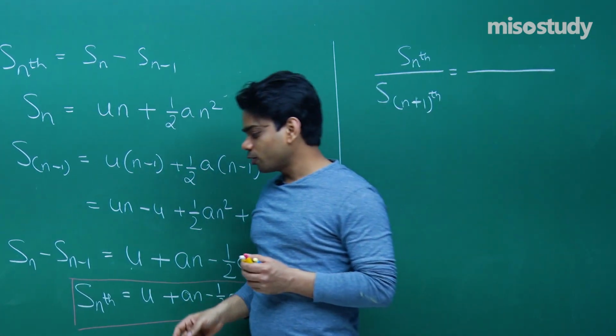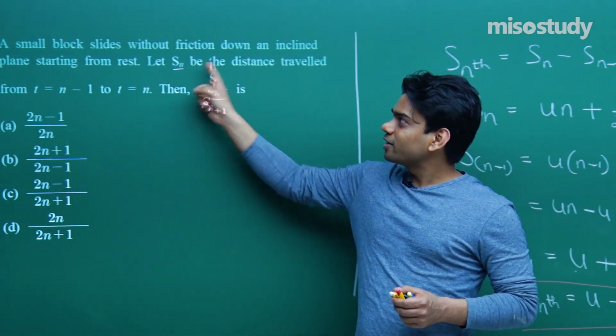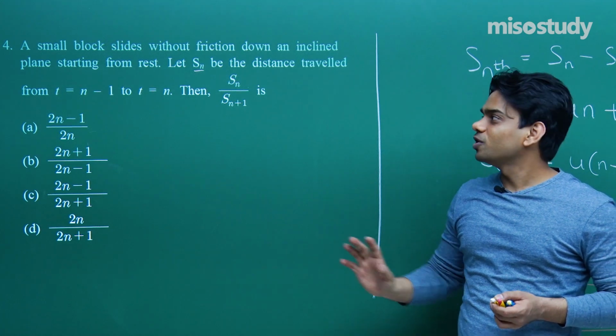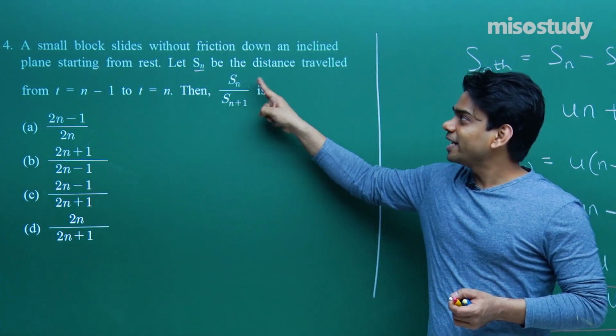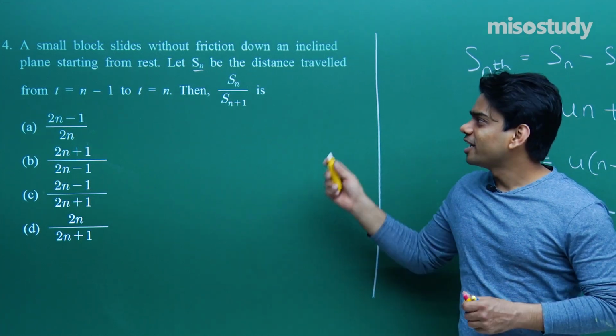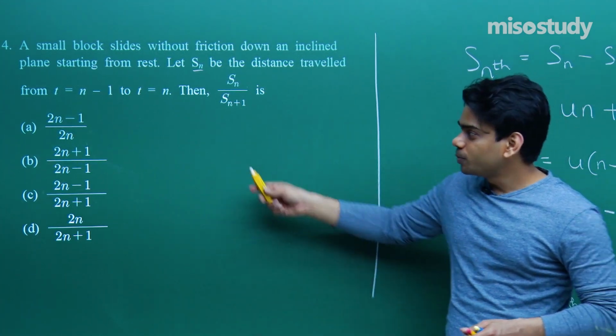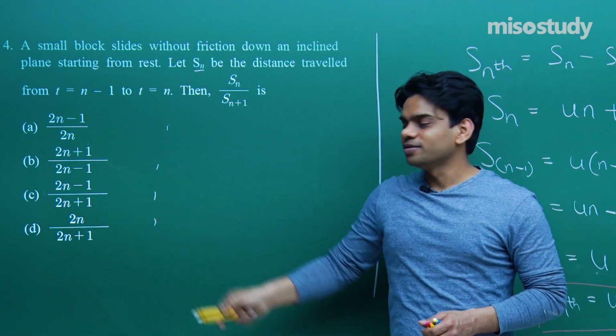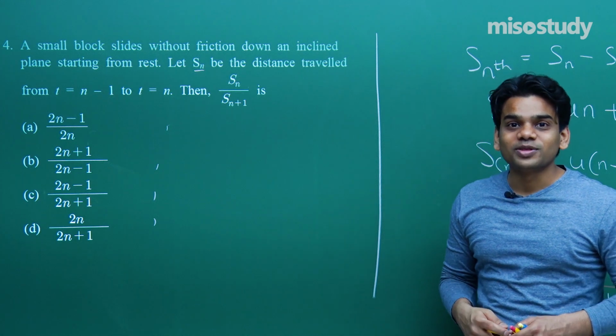Read the statement of the question: a block slides without friction down an inclined plane. That means starting from rest, u will be 0. Let Sn be the distance traveled from t equals n minus 1 to t equals n, then Sn upon Sn plus 1. Options A, B, C and D, you can see. We need to verify which one of them is true.